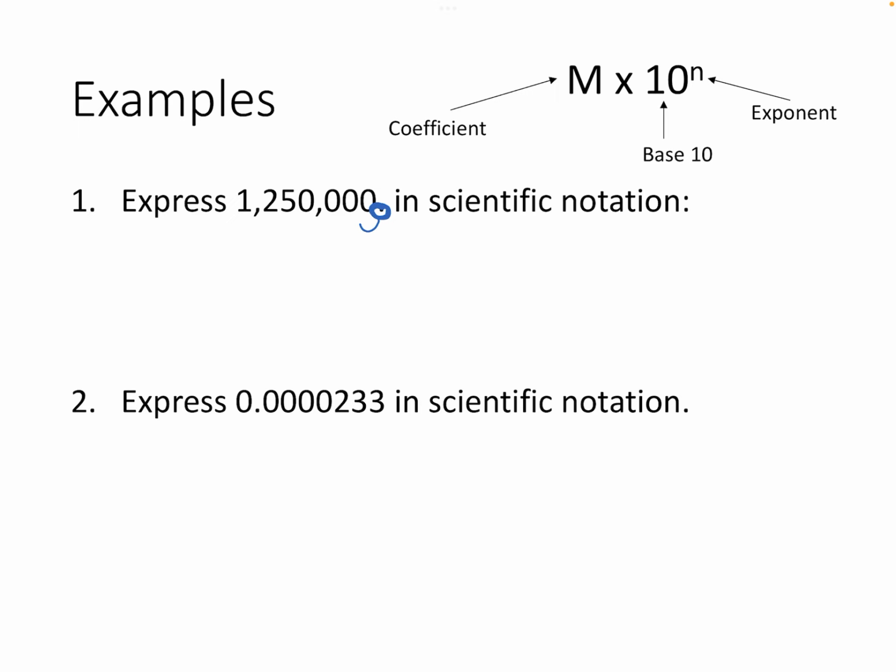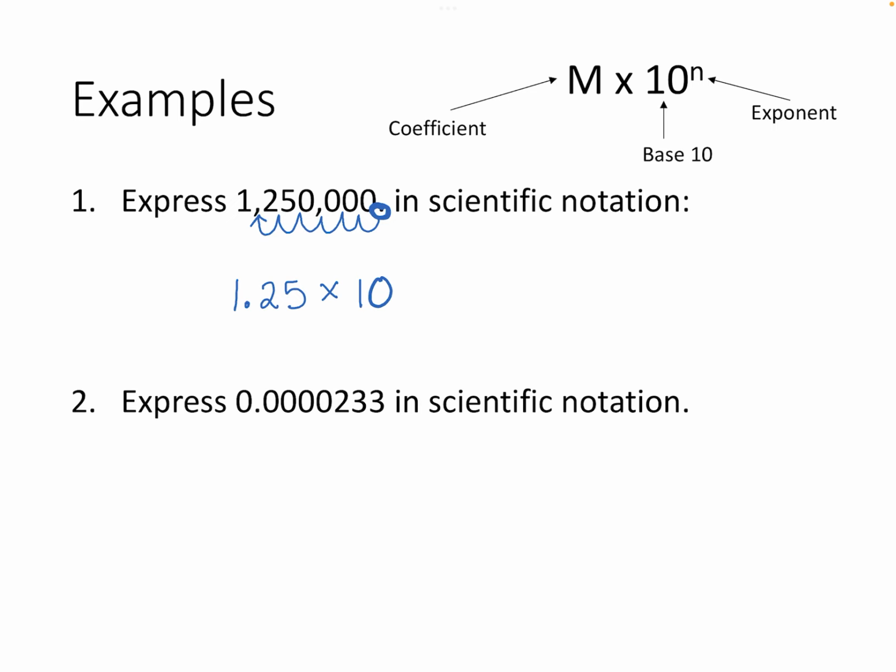All right, so I'm going to move it once, twice, 3 times, 4, 5, 6 times. Because if I write 1.25, that is between 1 and 10. So I have my coefficient. Now I need to figure out what my exponent is for the base 10.